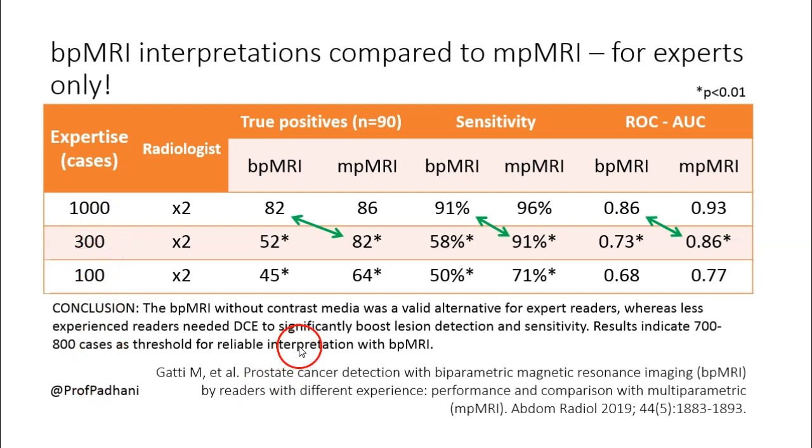With a multiparametric MRI, you would need an experience of 300 cases. And you can see similar results for sensitivity and the ROC, indicating that biparametric MRI without contrast medium is a valid alternative, but only for expert readers.